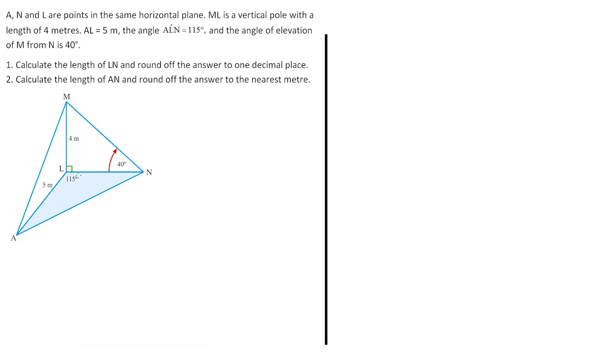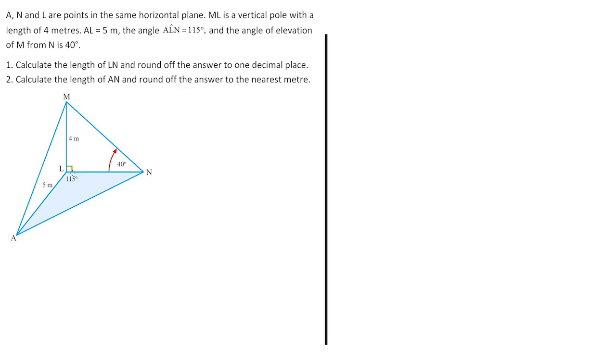AL is equal to 5 meters, and the angle ALN is equal to 115 degrees. And the angle of elevation of M from N is 40 degrees. And the first question here is calculate the length of LN and round off the answer to 1 decimal place.